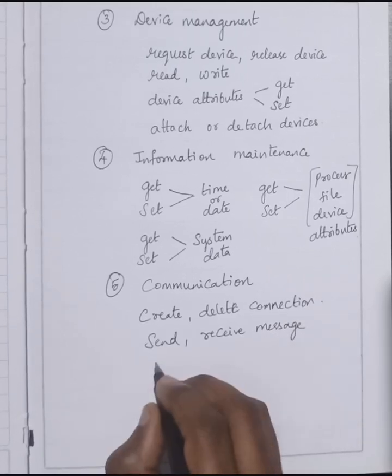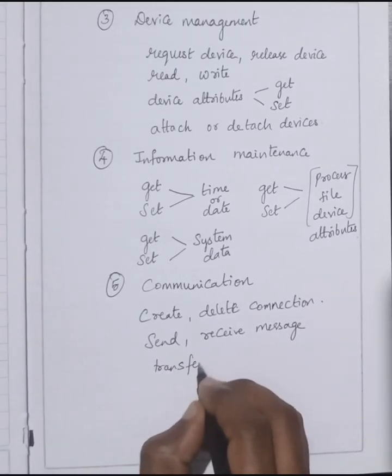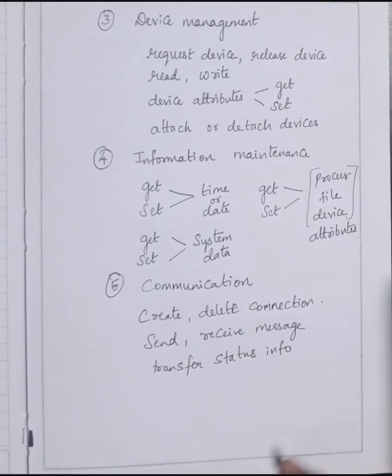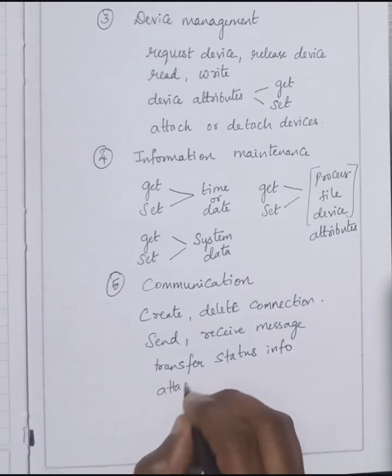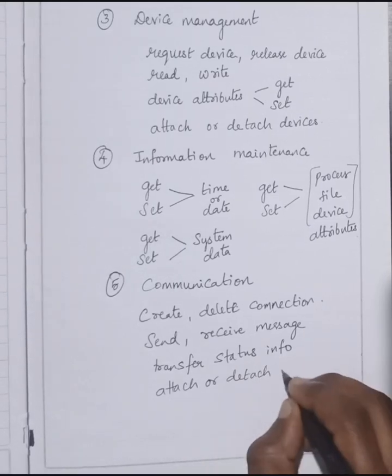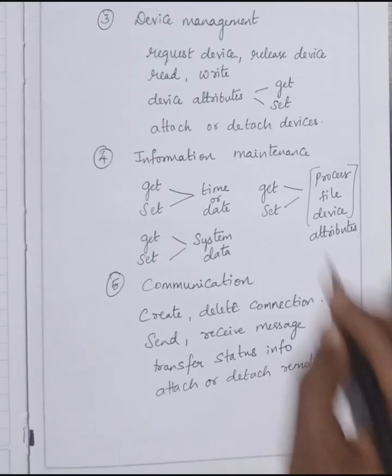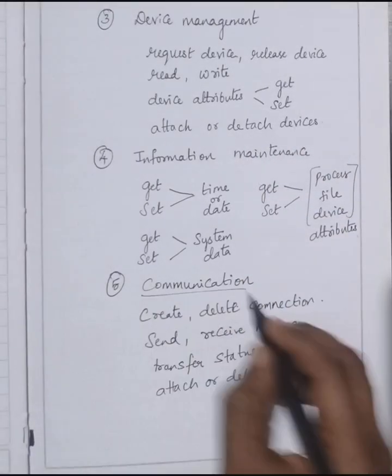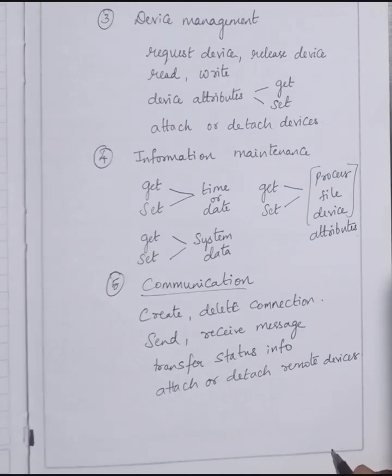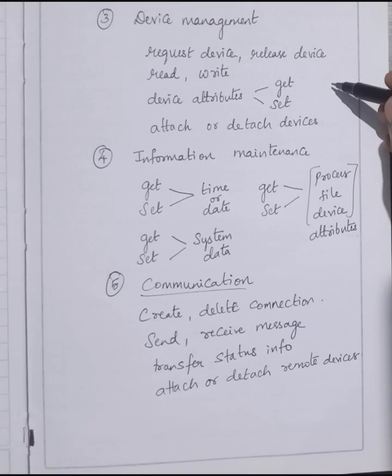If you want to transfer some status information, for that also we have a system call. Again, we want to attach and detach remote devices. The normal devices come under device management. Whenever you're communicating, there will be remote devices that are communicating, and for that we have separate system calls. So these are the different types of system calls that come under the different types.